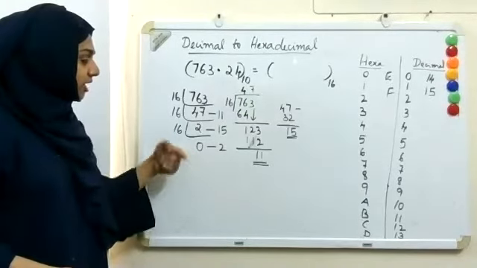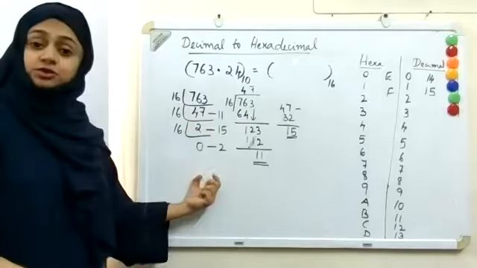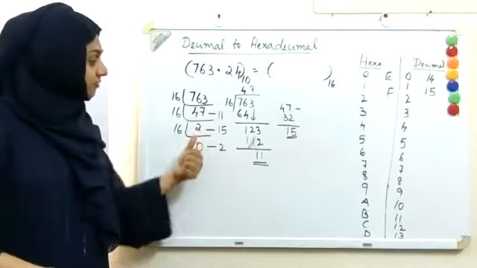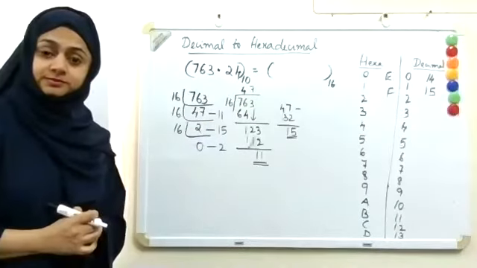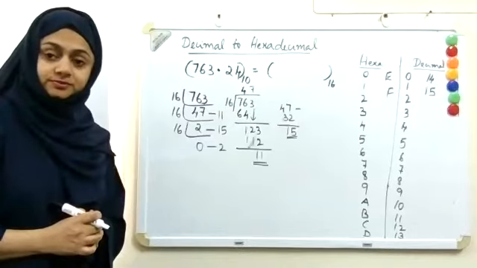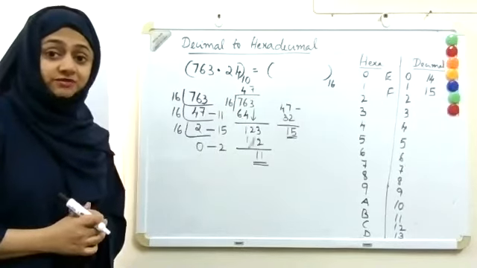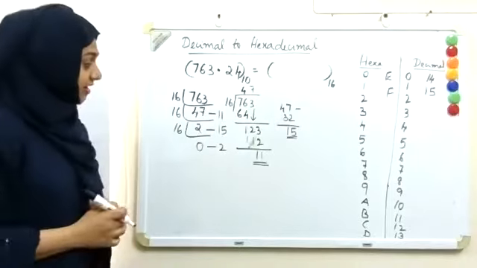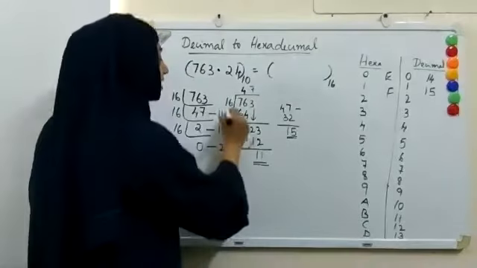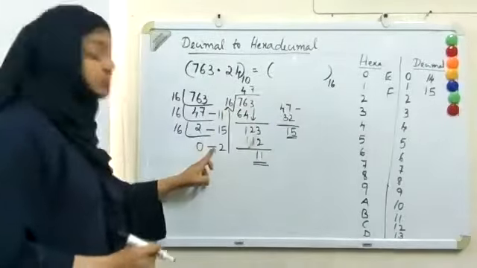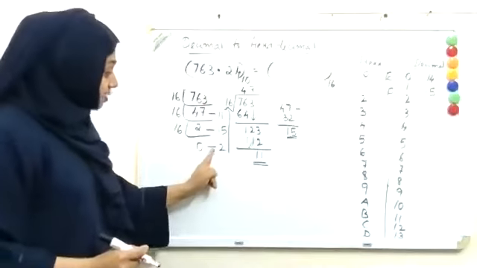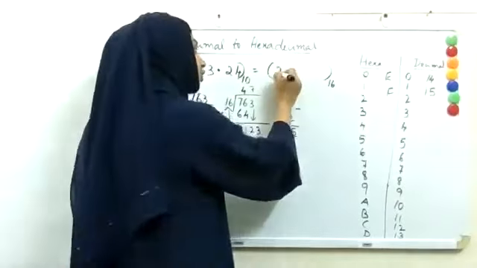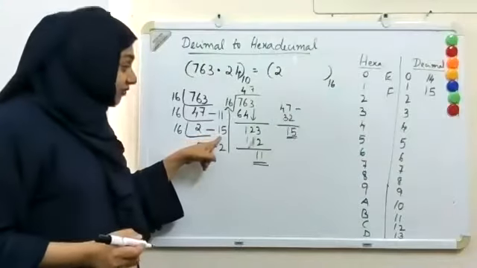So now how can I write? From where to where I should write? 2 to 11 or 11 to 2? I have to go upwards. So I have to write from 2 to 11. So first I will write 2. I will not write 15.